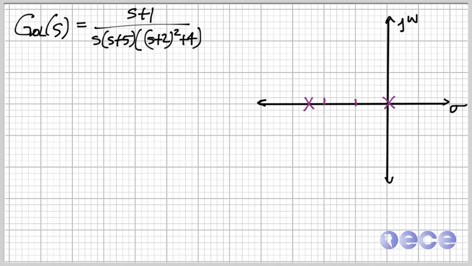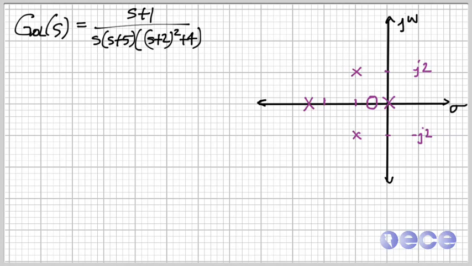And then we have two poles at S equals minus 2 plus or minus j2. That's one here and one here. And now we also have to indicate that we have a zero at minus 1. So here's our zero.